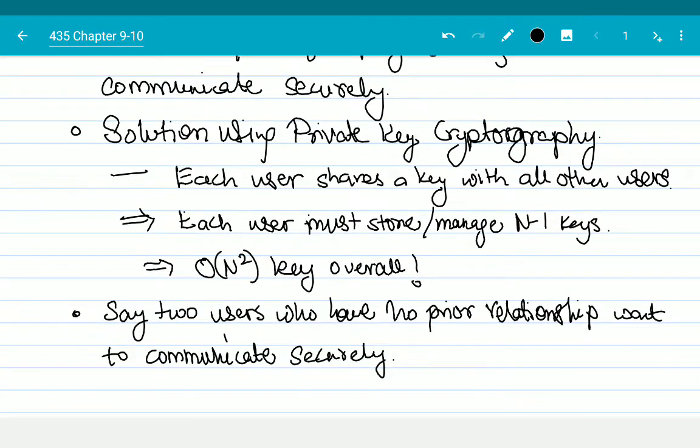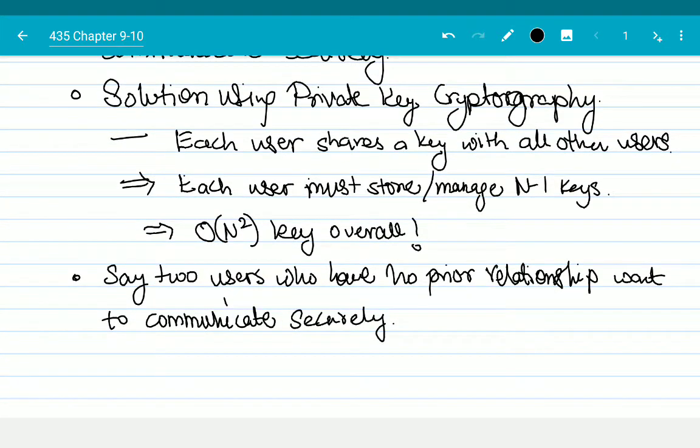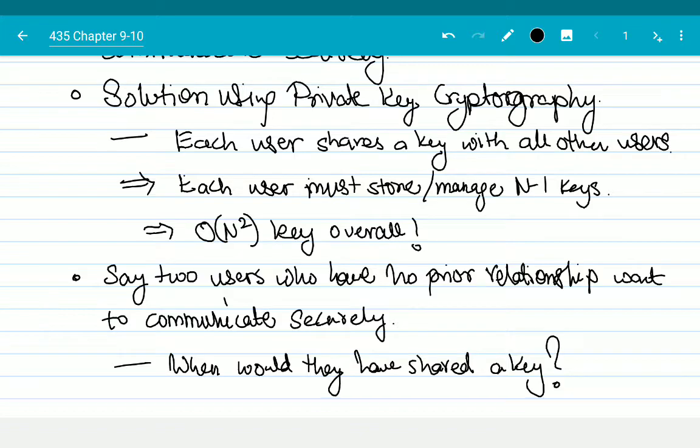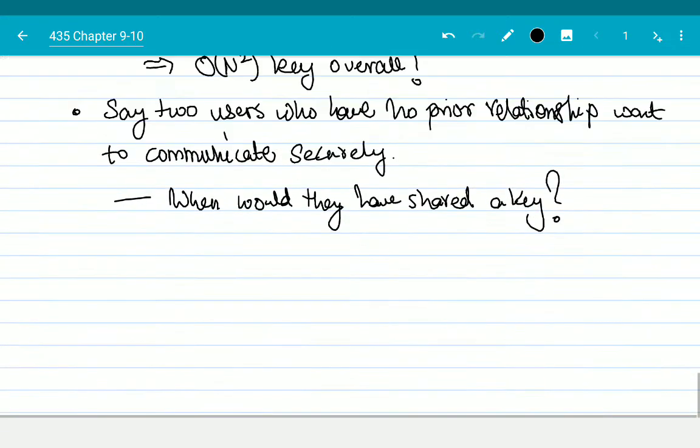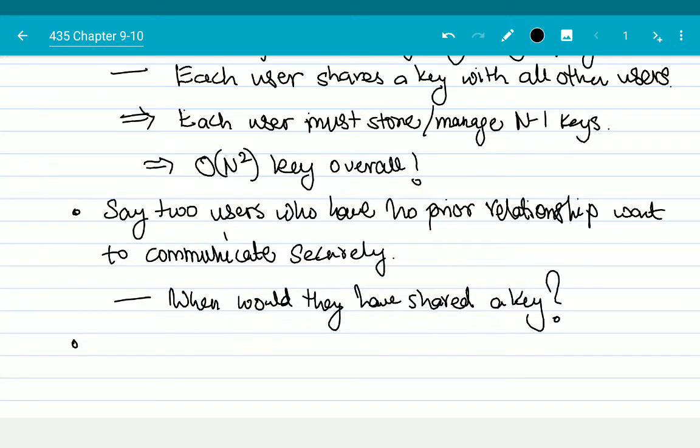If they have no prior communication, when would they have shared a key? And this is extremely frequent. This happens all the time.